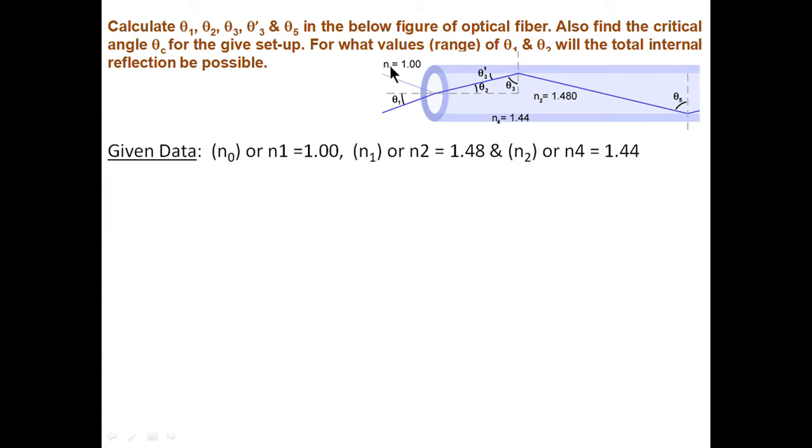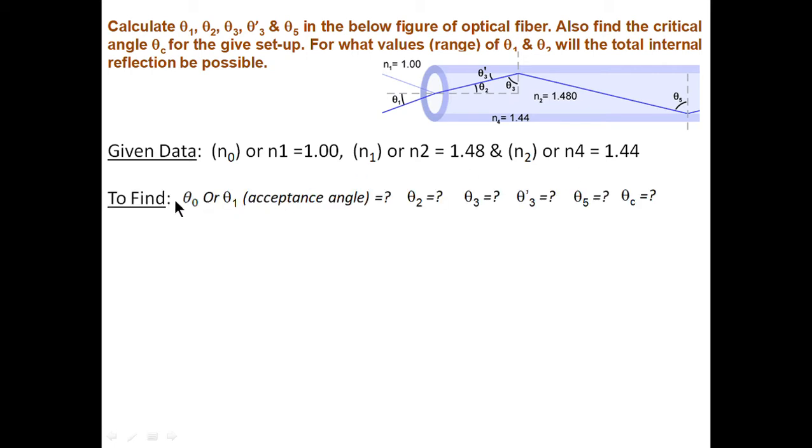Okay, this is your n1, and in our case we follow n0, so I have written it in the bracket. n2 over here is the refractive index of the core, which is 1.48, and in our methodology we call it n1. And n4 over here is the cladding's refractive index 1.44, which is of course lesser than the core's refractive index, and in our case we call it n2. Okay. These are the given data.